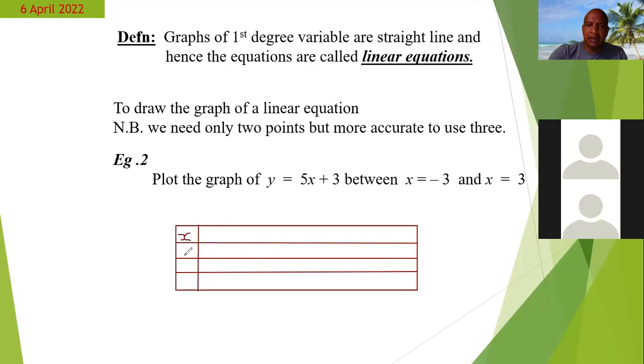Next would be our 5x, then our +3, and the last row is going to be our y.